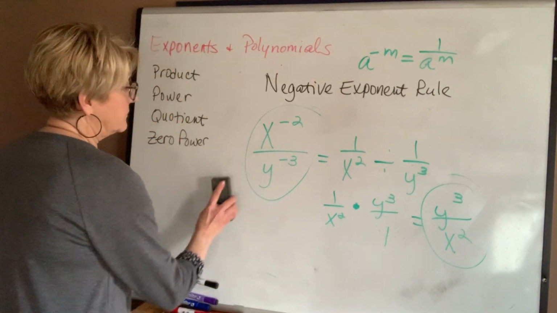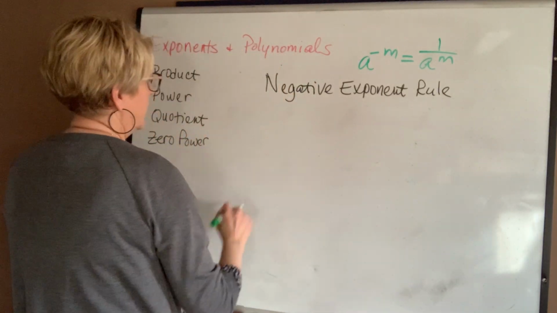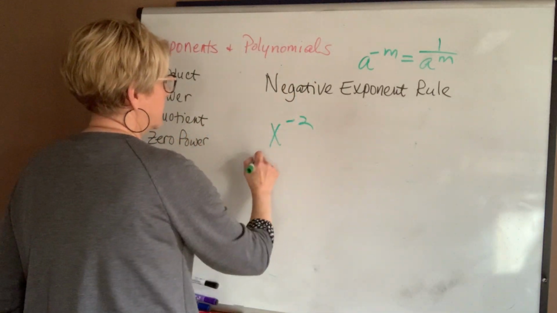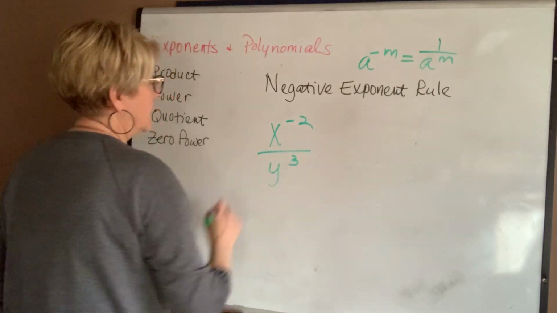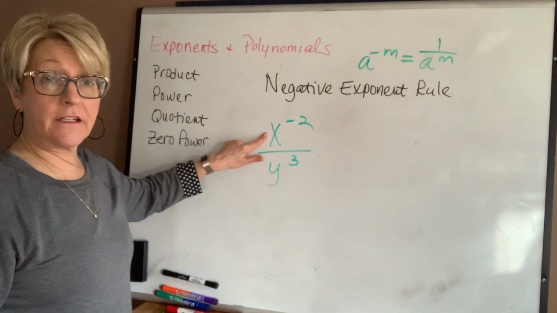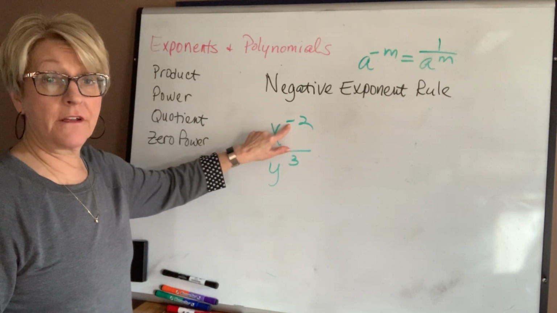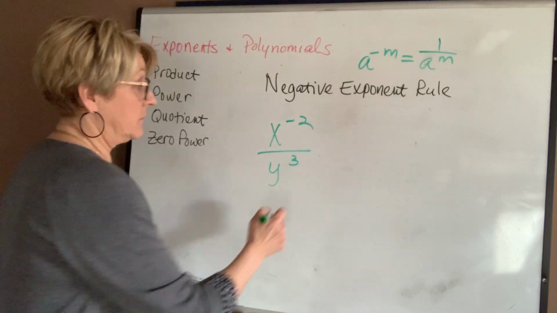Now, what am I going to do with this? Well, this x to the negative 2 up on top here has got to move because of that negative. Where can it go? It's got to come down.